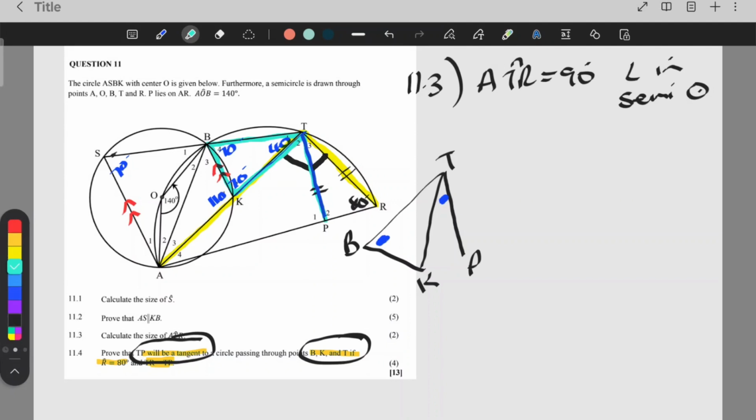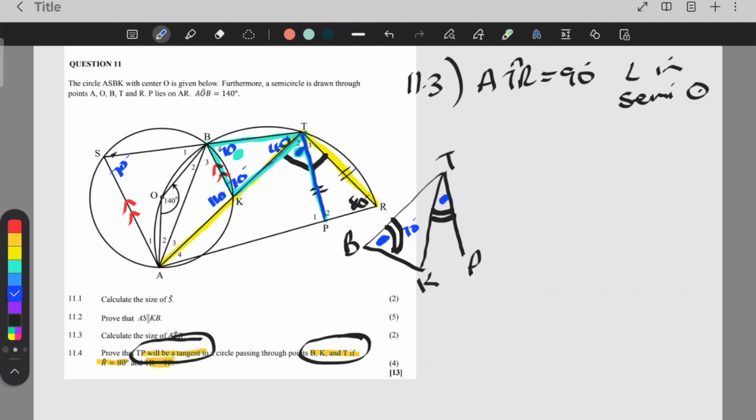So we need to prove that angle T2, so there's that angle, is equal to B4. We know that B4 is 70. So we need to see if we can make T2 also 70. So this angle over here, we must figure out a way to make that 70.